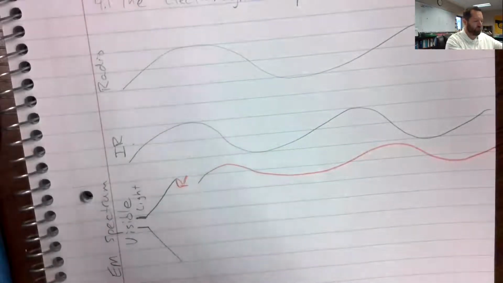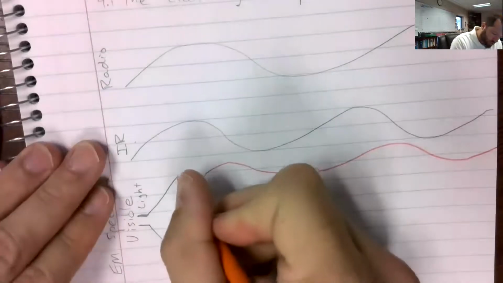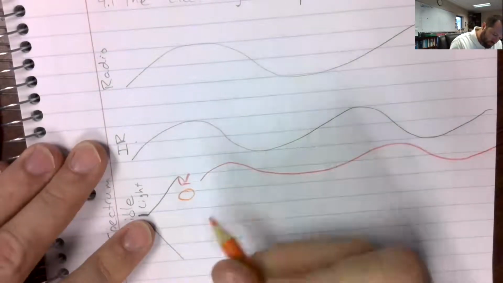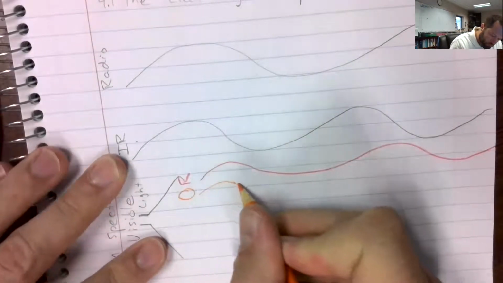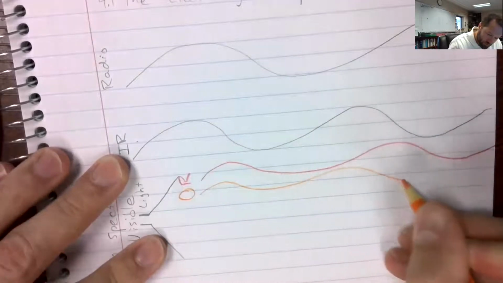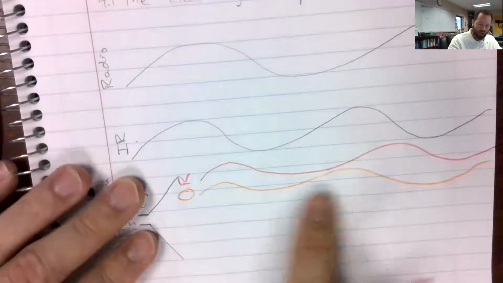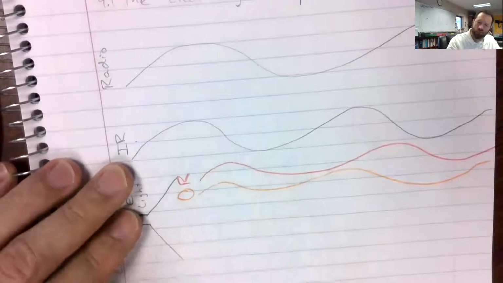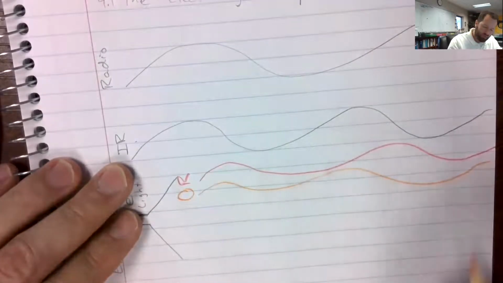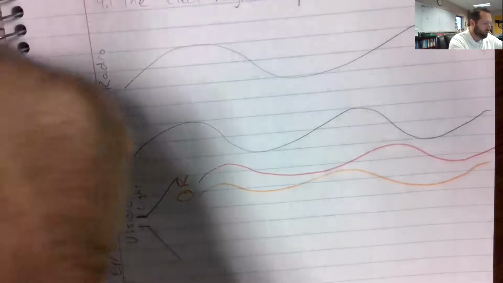And again, we're going to Roy, so red, orange. And orange's wavelength is just a little bit shorter than red's. So its peaks happen just a little bit before red's, its valleys happen just a little bit before red's. It's offset from red, but just a little bit.